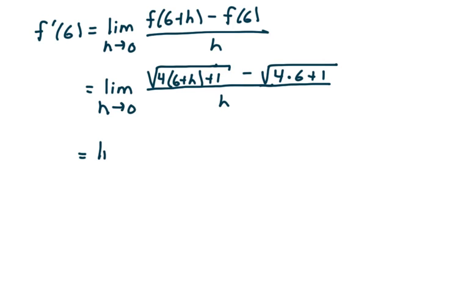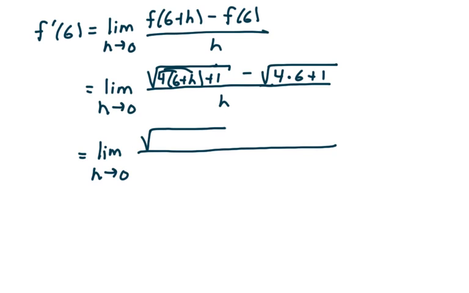And so this is the limit as h goes to 0 of, in the numerator, I'm going to distribute the 4 within the square root. And so we're going to get the square root of 24 plus 4h plus 1, minus, 4 times 6 is 24, 24 plus 1 is 25, the square root of 25 is 5.